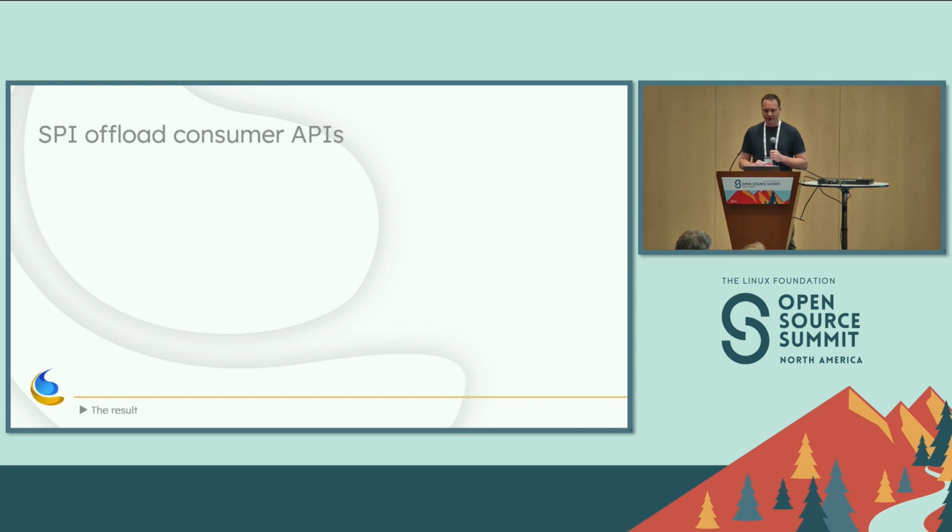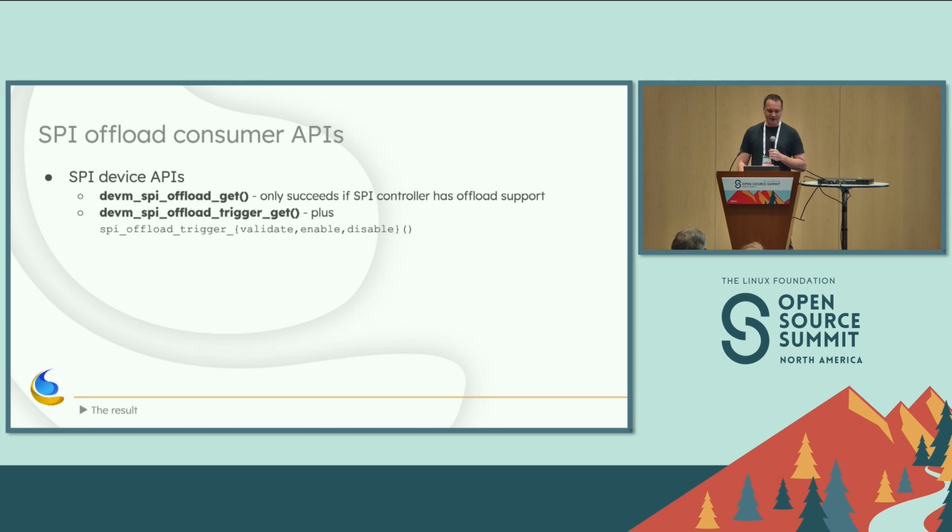Then on the consumer side, this will be your SPI peripheral, like the analog digital converter. It's got some APIs that it needs to use to ask the SPI code for, we need to get one offload instance that's going to be assigned to this analog digital converter that we can use.